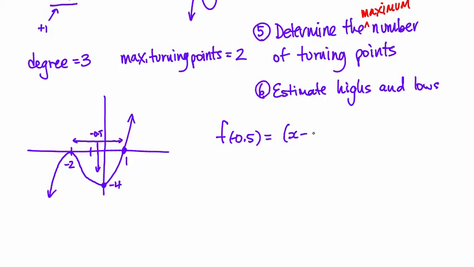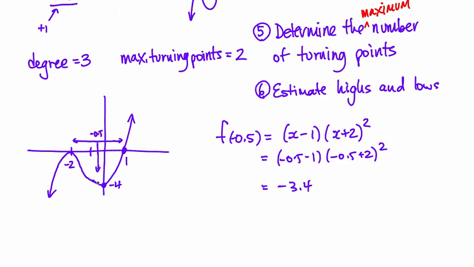So we've got our equation here, and that's squared. Simply put -0.5 in and -0.5 in here and see what value you get, which is about -3.4. So at this point it's still only -3.4, so it's still falling and then coming back up. That gives you a bit of an idea of the shape.